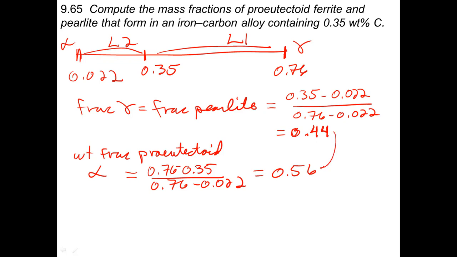And of course, these two values should sum to 1, which they do. Just confirming that we've done this calculation correctly. So there, looking back, we've got the mass fraction of the pro-eutectoid ferrite, and we've calculated the mass fraction of pearlite, which of course includes both ferrite and cementite.